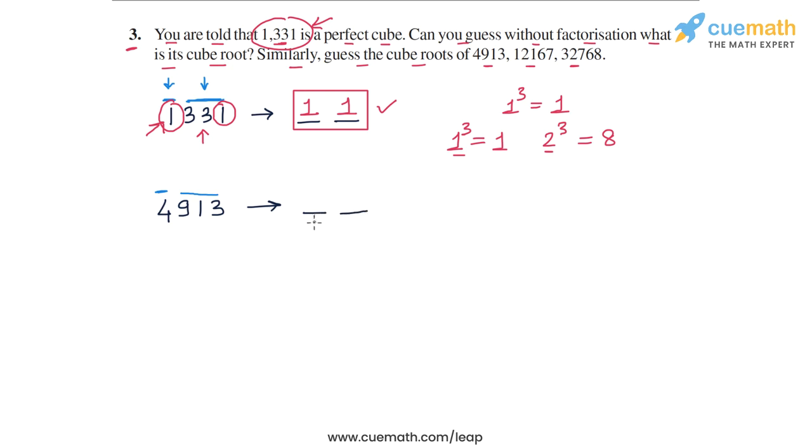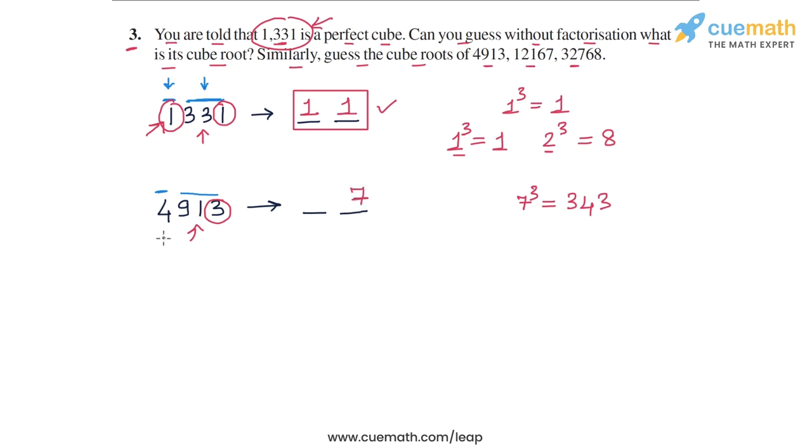To figure out the units digit, let's take the first group on the right, 913, and consider its last digit, which is 3. The cube of which digit ends in 3? There's only one such digit, 7, because 7 cube is equal to 343. So the units digit of the cube root will be 7.